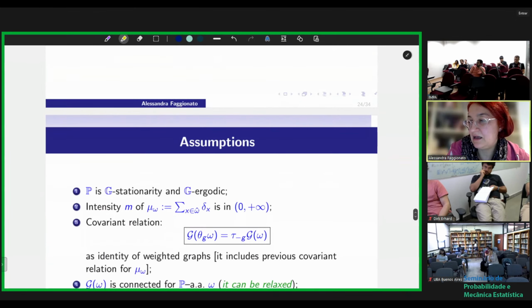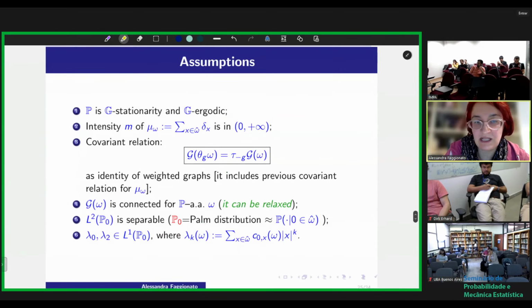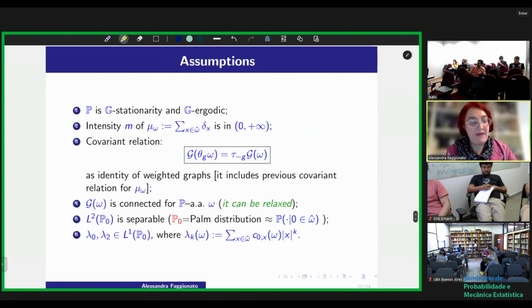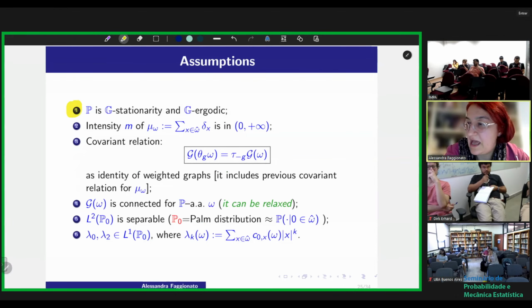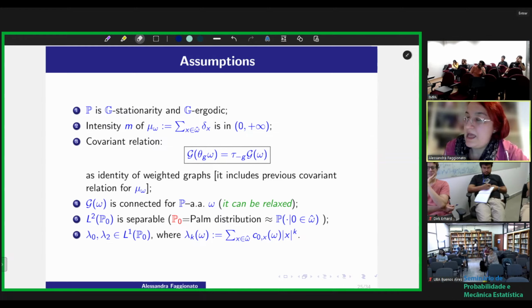Okay, this is the longest slide in my talk, because I have six assumptions. I just want to stress that these six assumptions cover a huge number of models, in particular all the models I mentioned before with the pictures: the Boolean model, percolation cluster, percolation, the complete graph and so on.